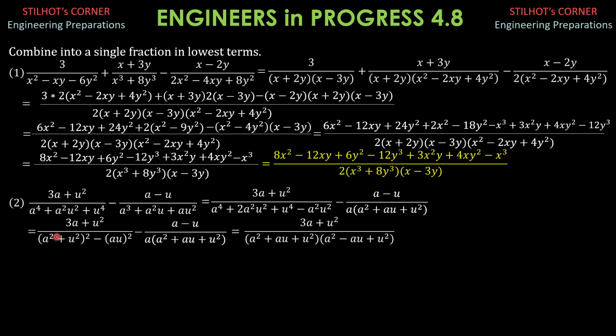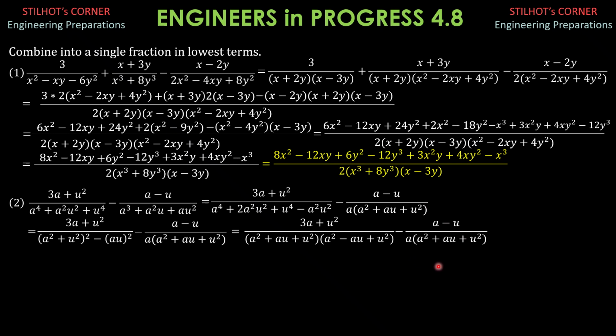Or the square root of this, which is a squared plus u squared, plus the square root of this, which is this. Then the other factor is the square root of this term here, which is a squared plus u squared, minus the square root of this, which is that. Then minus quantity a minus u over a quantity a squared plus au plus u squared.